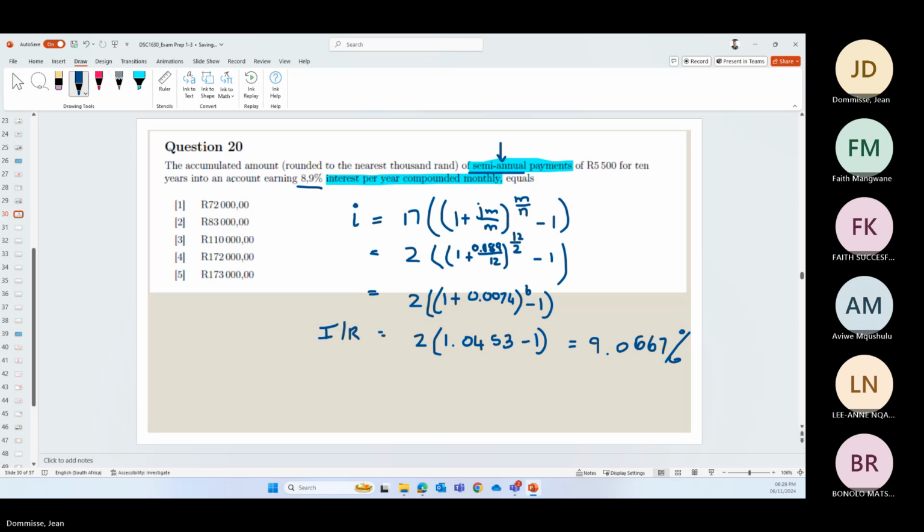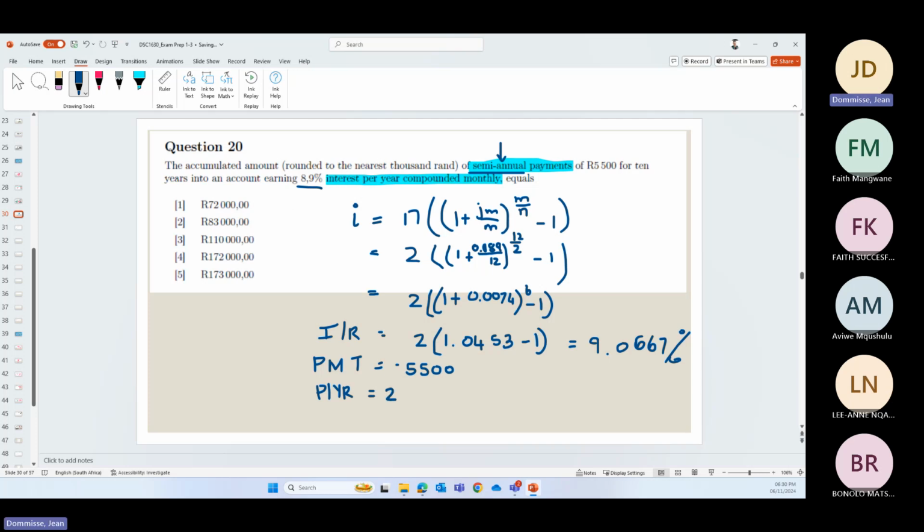Then the other thing was that we've got a PMT of 5,500. Then we've got semi-annually, so again, how many times per year is 2.